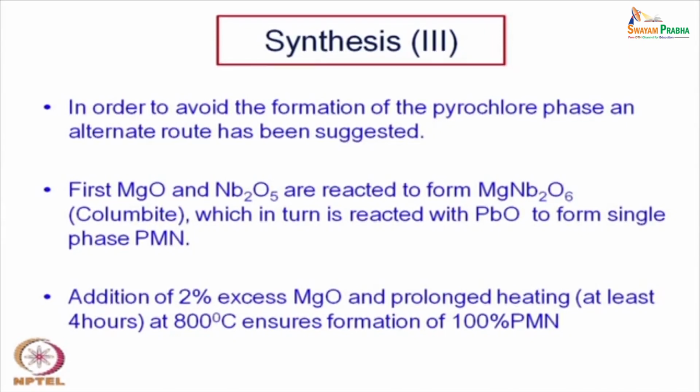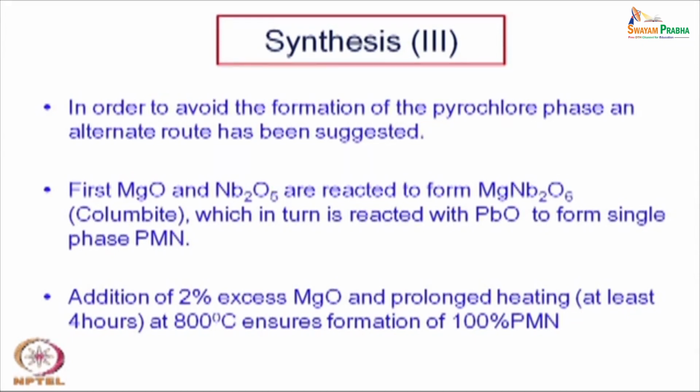Once again, it is not solution chemistry but basically a solid state diffusion route. First, MgO and Nb2O5 are reacted to form MgNb2O6, sometimes called columbite, which in turn is reacted with PbO to form the single phase PMN.